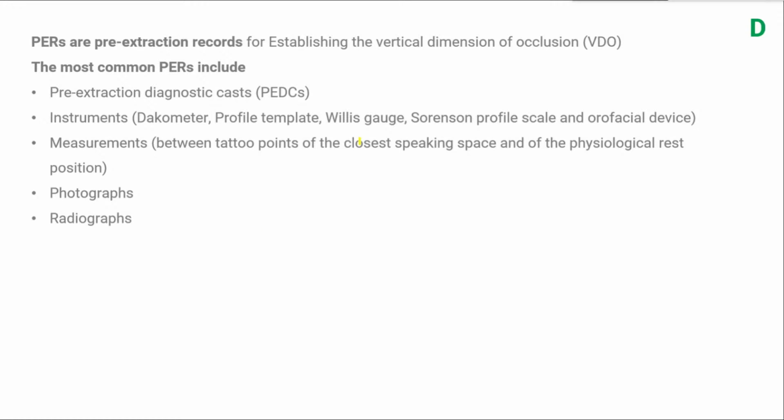They are done for establishing the VD, the vertical dimension. Generally, we as dentists do it arbitrarily. But for correct measurement, we can use pre-extraction records, which could be diagnostic tests or instruments like the dentometer, profile template, Willis gauge, or any orofacial device, and measurements made through the closest speaking space, with the physiologic rest position, photographs, and radiographs.